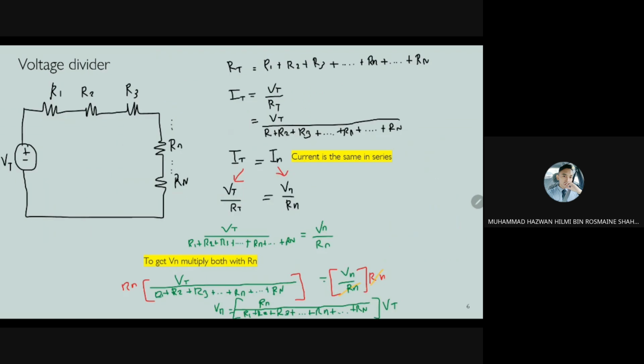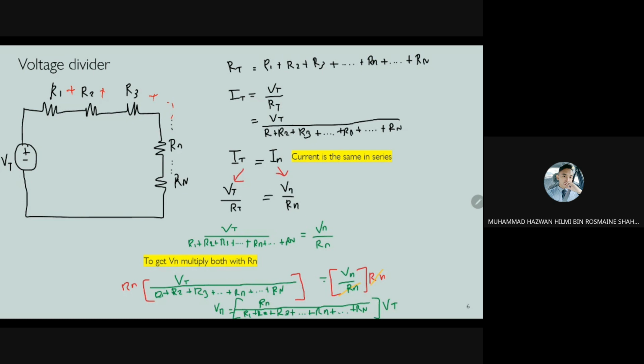Then we go back to the voltage and current divider. So how about if you have a voltage divider with a lot of resistances connected in series? For the R total, you got R1 plus R2 plus R3 plus Rn, until infinity.